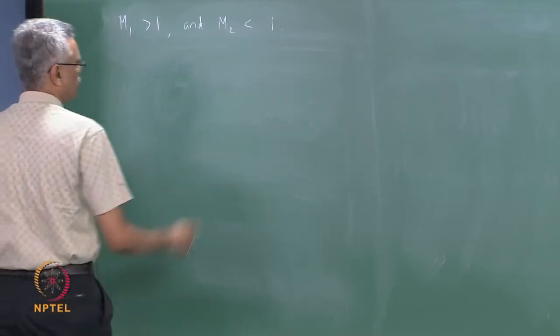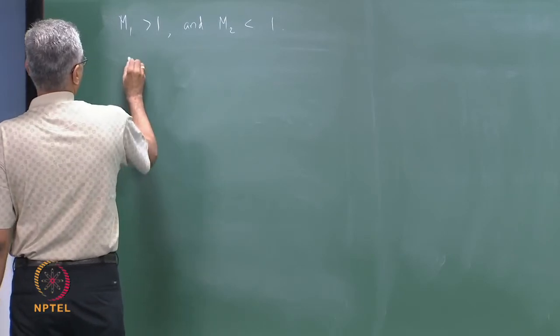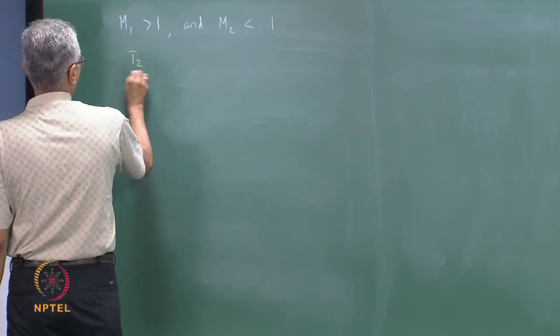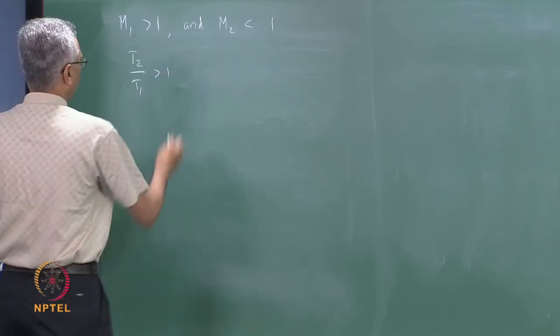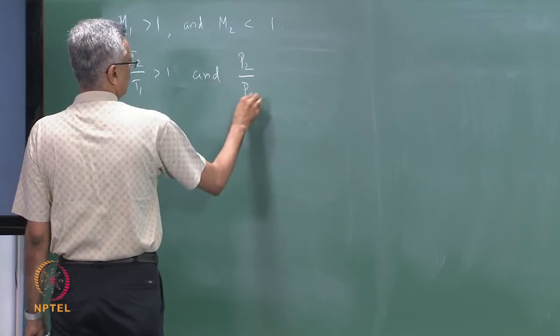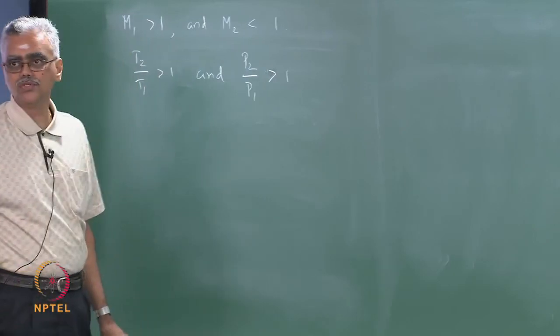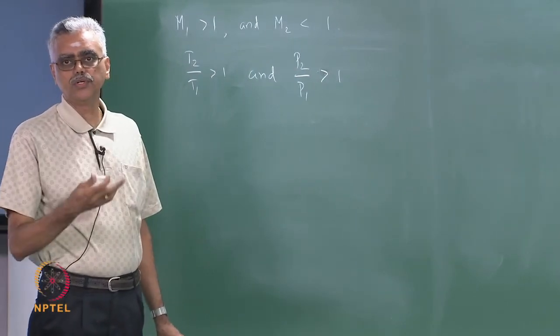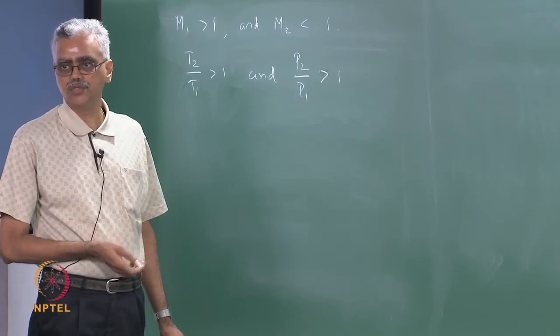For this solution, if you look at the earlier expressions that we wrote down, we can easily show that T2 over T1 is greater than 1, and P2 over P1 is also greater than 1. Both the static temperature and the static pressure increase across the shock wave. That can be shown very easily.